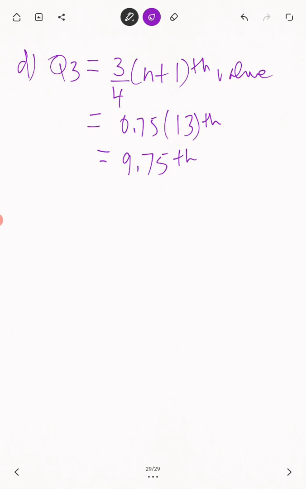Again, in more advanced statistics, you would go to 3/4 of the value between the 9th and 10th values. But for our purposes, this is going to mean just do the median of the 9th and 10th values, since Q3 is between those values.